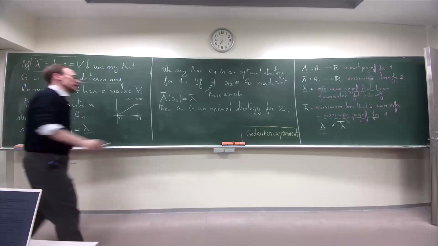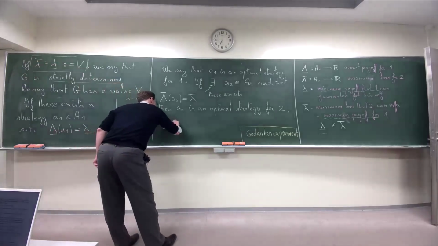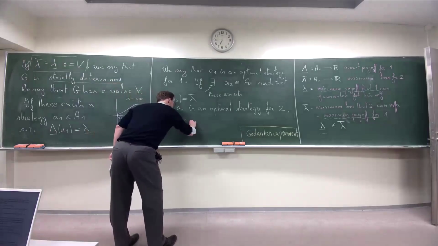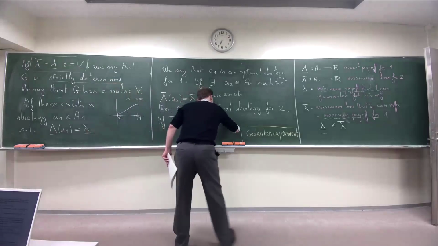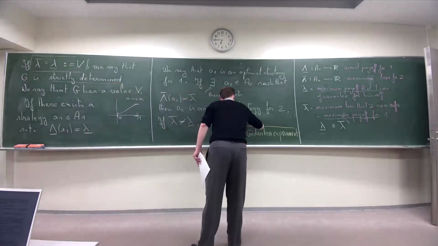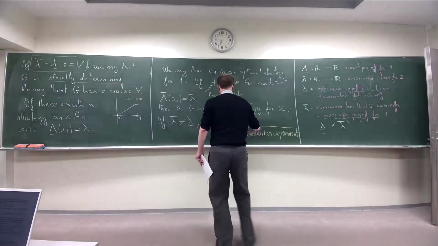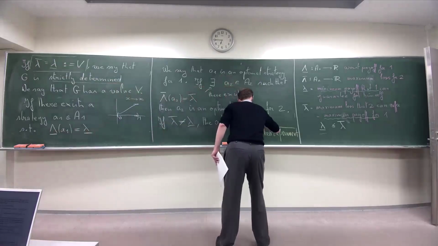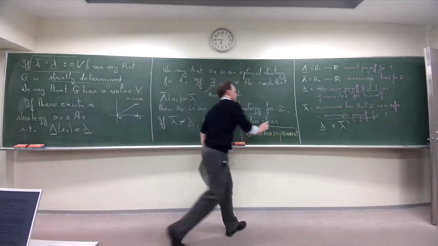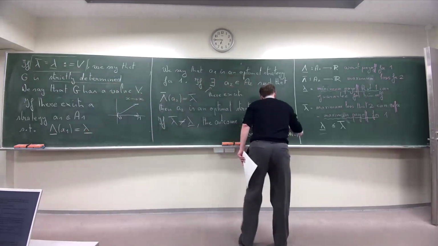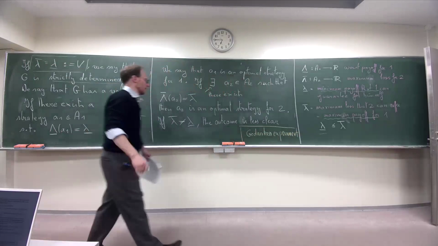Now, if these two values are not equal, the outcome is less clear. So you cannot a priori say what is going to happen.